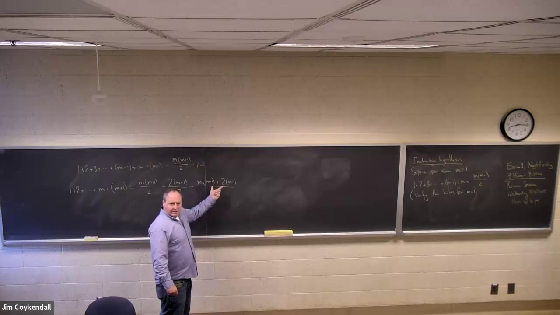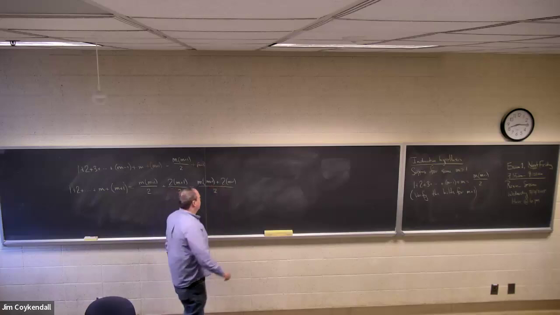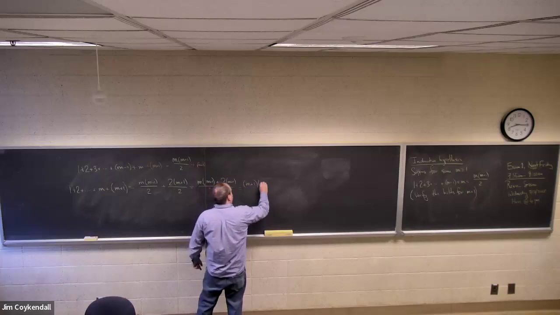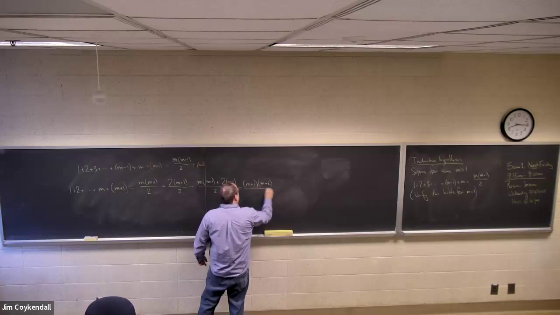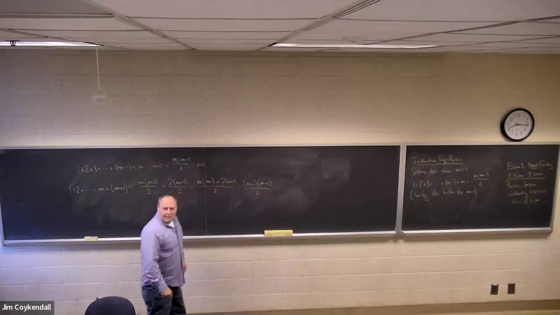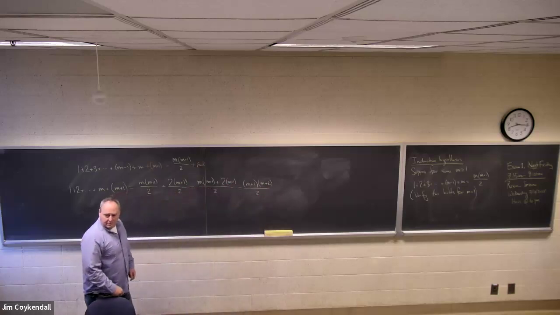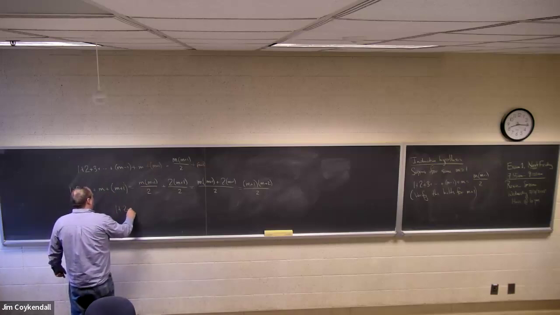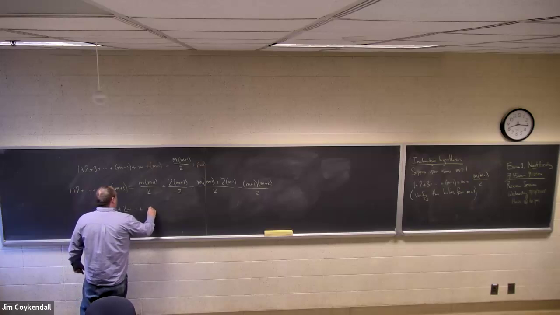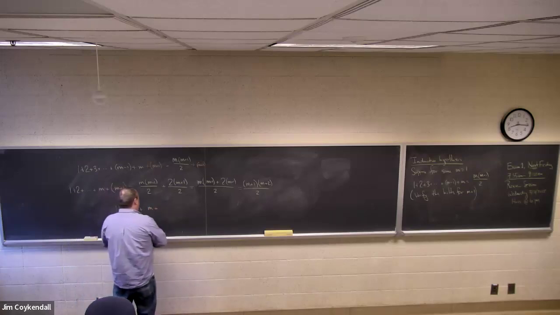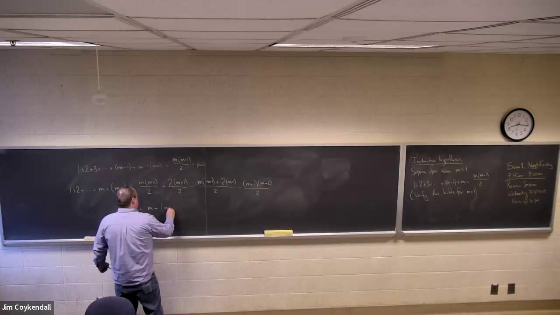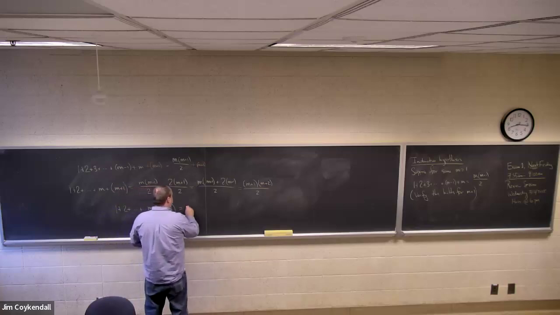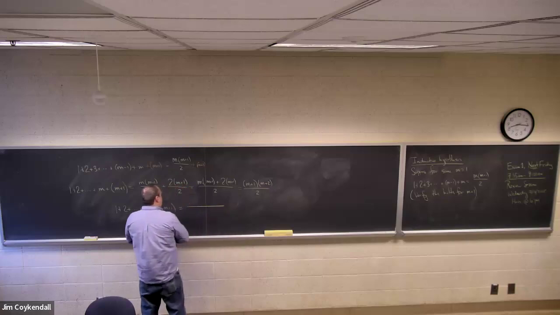There's a factor of m plus 1 here, isn't there? So this is actually three. So what I have is 1 plus 2 plus up to m plus 1 is equal to. I'm going to write this out grammatically.